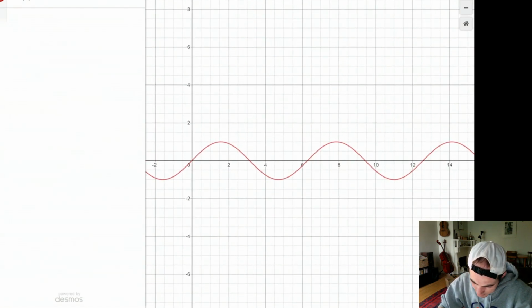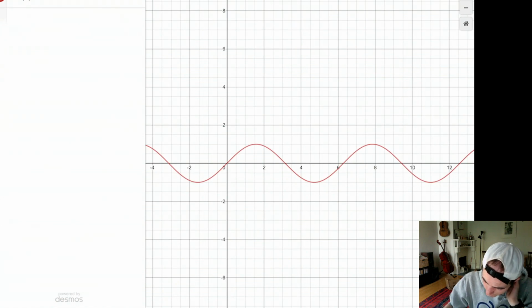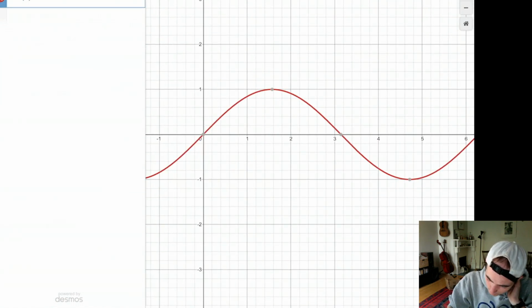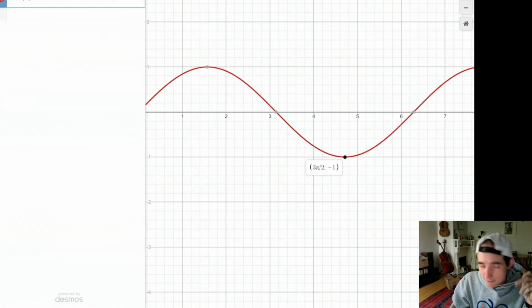And what you'll notice is that, by the way, we're using radians here, not degrees, the sine function never goes above positive 1 and never goes below negative 1.